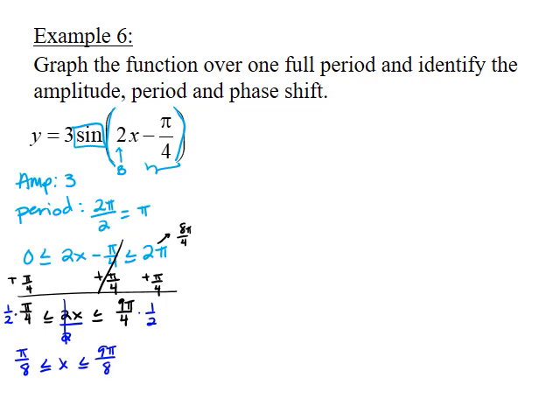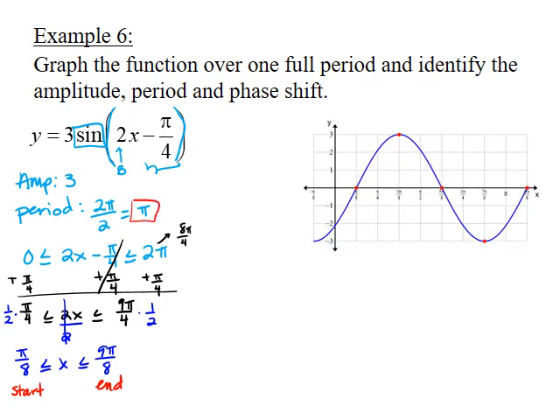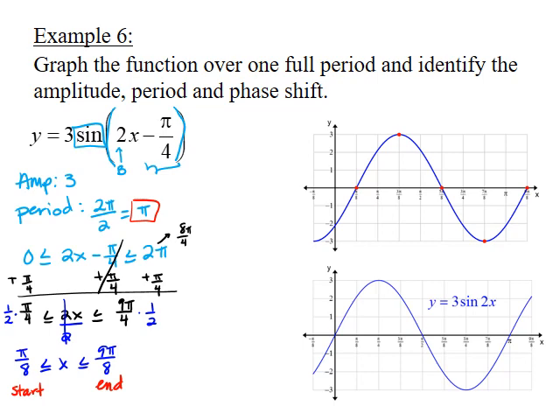So I'm going to have a phase shift. I'm going to start at pi over 8, and I'm going to end at 9 pi over 8. And if you subtract these two values, you will see that you will get pi, and that's the period. So here is what we have. This second graph down here is just the graph without the phase shift.